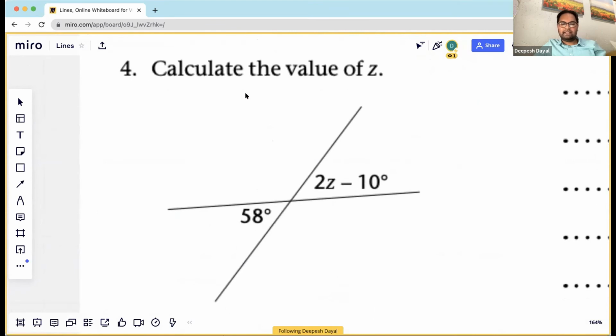Calculate the value of Z. So 24. Yes, sir.